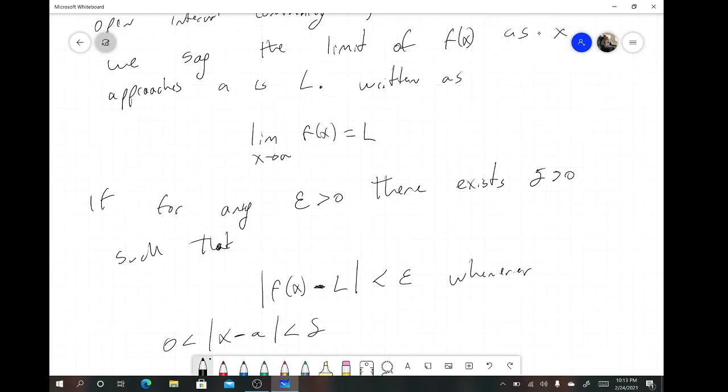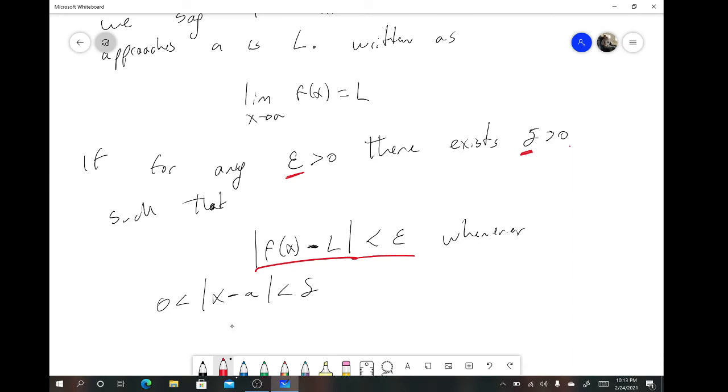We are now explicitly stating that for any epsilon, any real number bigger than 0, there exists at least one delta that's also bigger than 0, that's positive, such that the distance between the output values of the function and the limit of the function can be made less than the number epsilon that you choose whenever x is very close to a, and that distance, while positive, is less than delta. So there's a lot to unpack here.